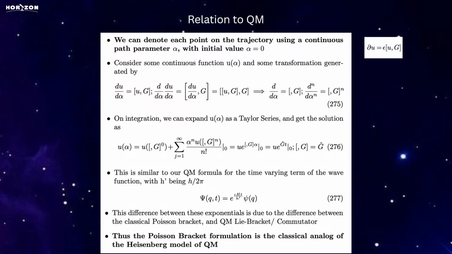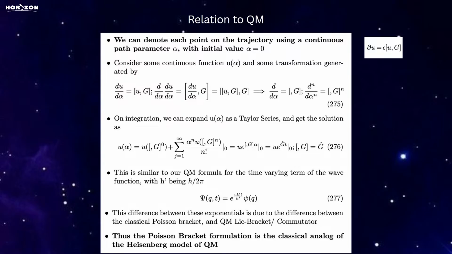And here is the interesting thing. Let's say hypothetically, we are able to remove the u from the left and right hand sides. Then the relation we would get is d/dα = [ , G]. And dⁿ/dαⁿ is [ , G]ⁿ, where this is just applied n times. That is what we mean by power n.